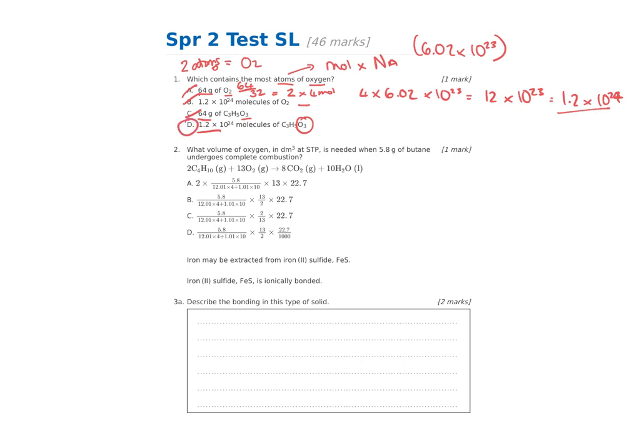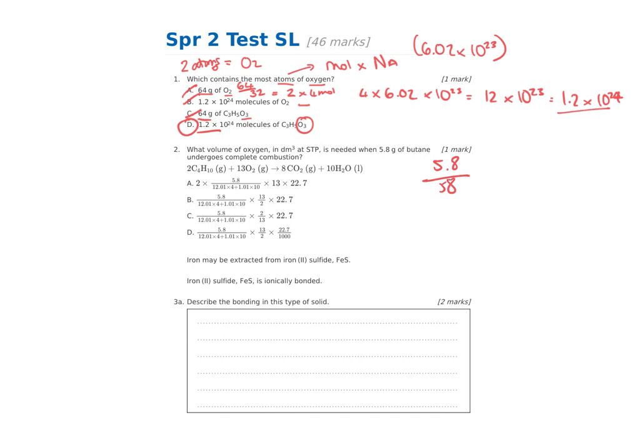Number 2, what volume of oxygen in decimeter cubed at standard temperature and pressure is needed when 5.8 grams of butane undergoes complete combustion? So remember, we have calculators. They often do these types of questions where you're just putting the numbers into the formulae, so checking, do you know the formulae? 5.8 grams, so that's going to be mass over mole, so 5.8 divided by butane, which is C4H10, so 48 plus 10, so 58.